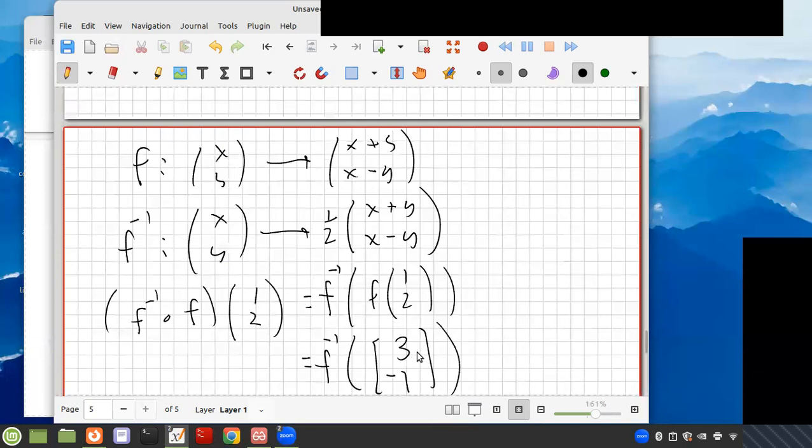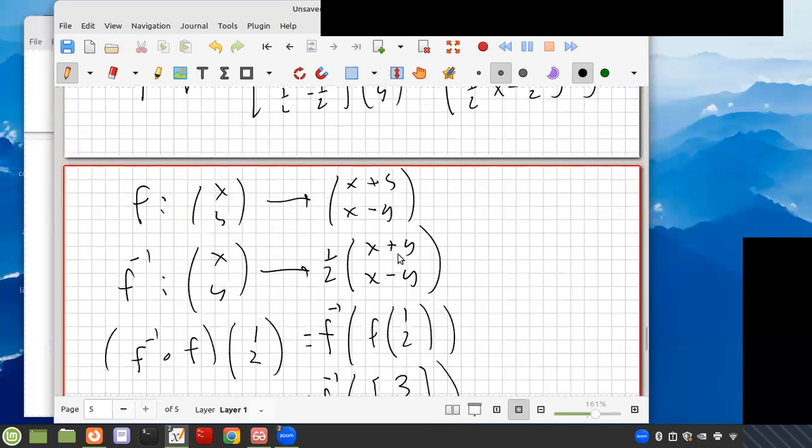Although, looking at this, it's not obvious that this is somehow the inverse of this, right? I mean, maybe there's some logic to it, but it seems like if I send (x, y) to (x plus y, x minus y), then the inverse looks the same except with the 1/2.